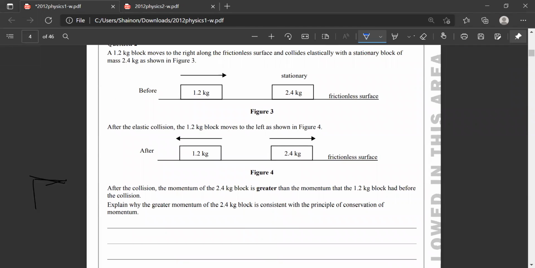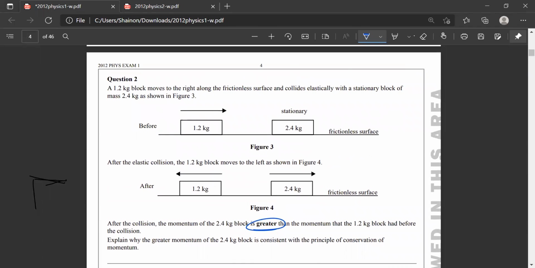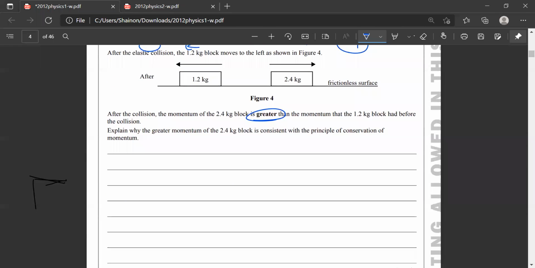After collision, momentum is 40.4 kg block. Is that greater than it would be before? Explain why it is greater. So this is momentum. This has an initial 1, that's 0. That's going in the opposite direction, so it's negative, positive. I just explained it using the momentum formulas.